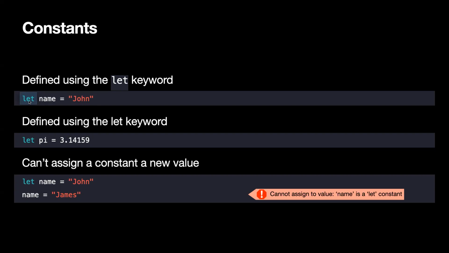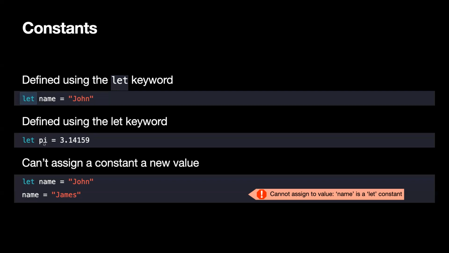The keyword let is my keyword that identifies this variable as a constant. And then we're putting a value. This value, John, will be stored in this variable. This is a type of variable that is a string. This one is a double.